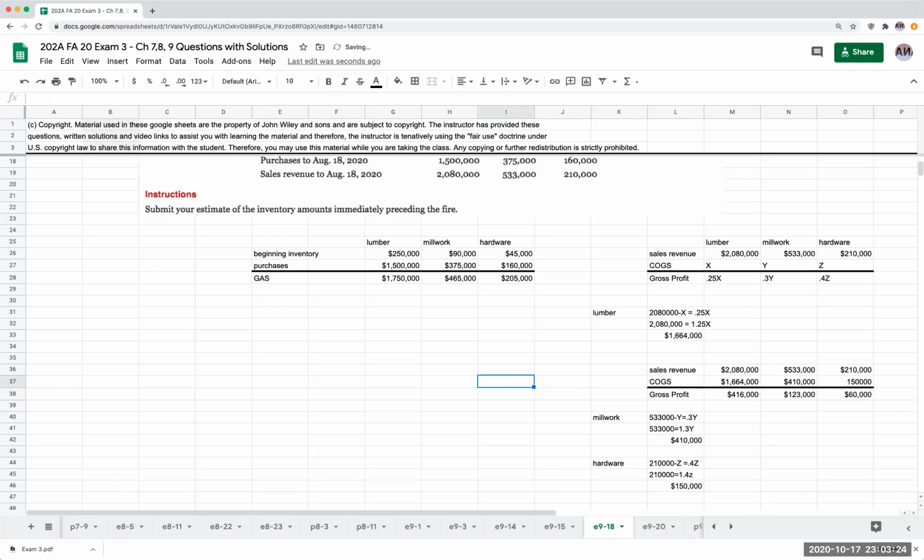Okay, so what I do now is I subtract out my cost of goods sold. My cost of goods sold is going to be right over here, the values that I just computed.